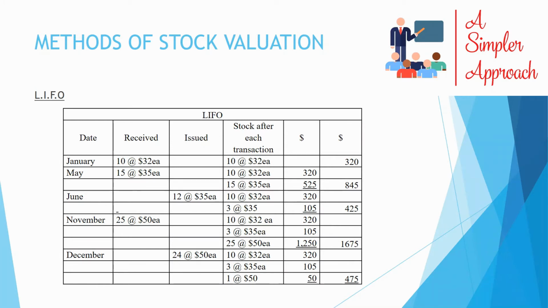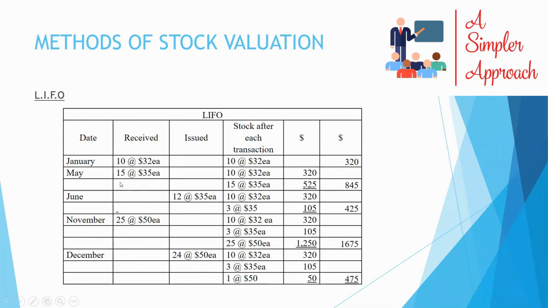So in June, 12 items of stock were sold. Now LIFO says last in, first out. And of January and May, the last set of goods that came in was 15. 15 at 35. Okay, let me say that again. LIFO says last in, first out.